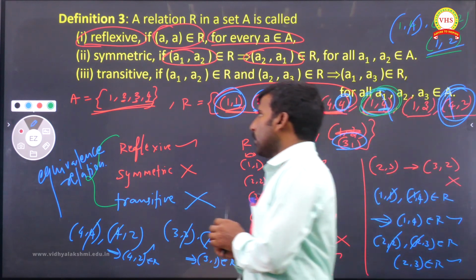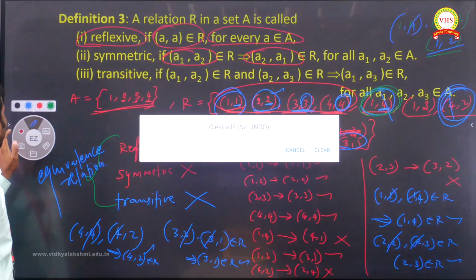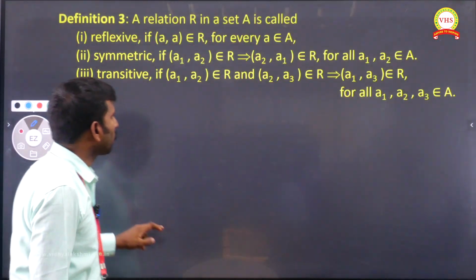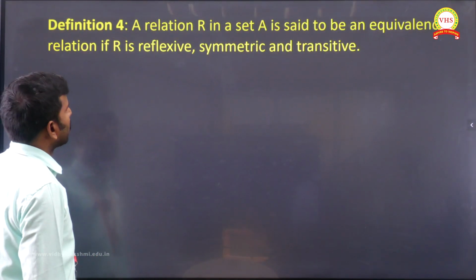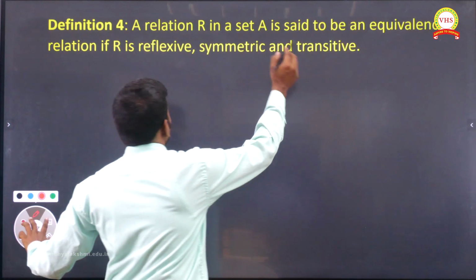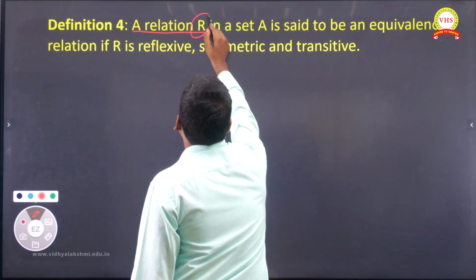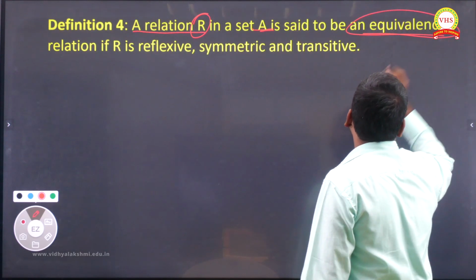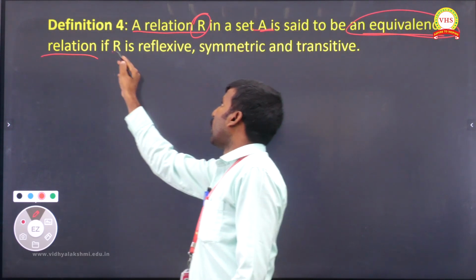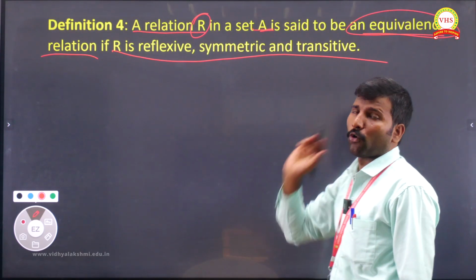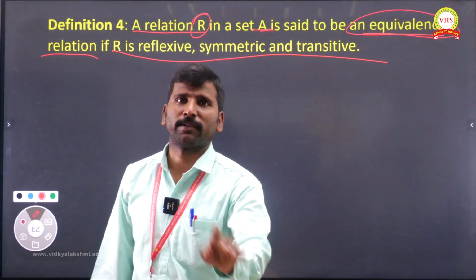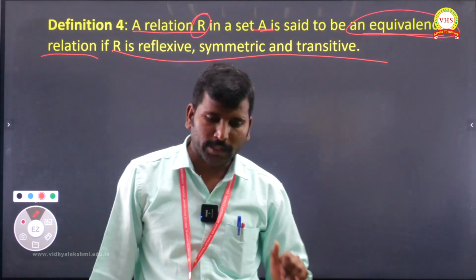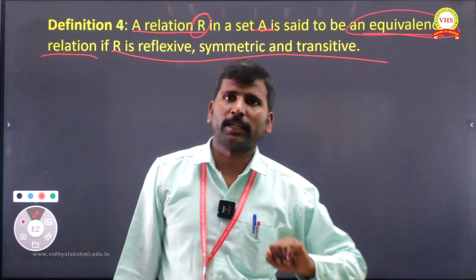Okay, right. So we are entering the next topic, the equivalence relation. Suppose R is a relation on a set A. For it to be an equivalence relation, R must satisfy all of the following: it should be reflexive, it should be symmetric, and it should be transitive.